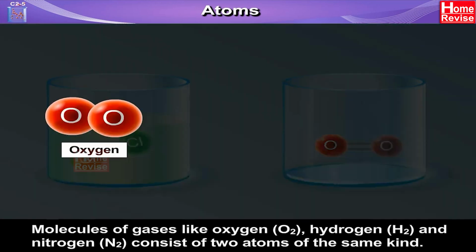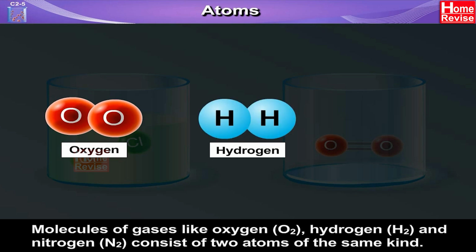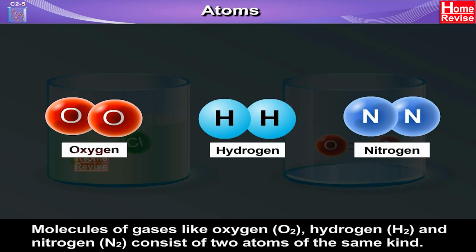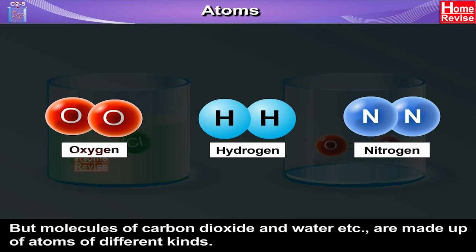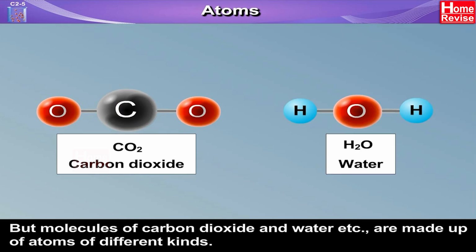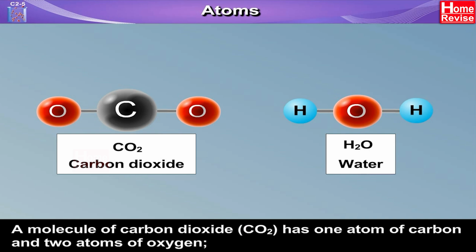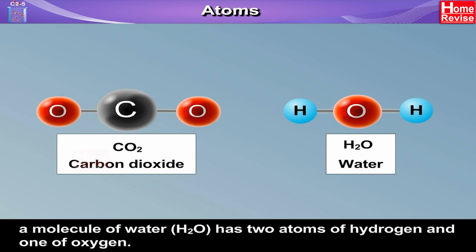Molecules of gases like oxygen, that is O2, hydrogen, H2, and nitrogen, N2, consist of two atoms of the same kind, but molecules of carbon dioxide and water, etc., are made up of atoms of different kinds. Now, a molecule of carbon dioxide, that is CO2, has one atom of carbon and two atoms of oxygen. A molecule of water, H2O, has two atoms of hydrogen and one of oxygen.